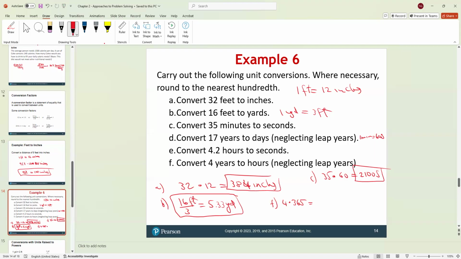If you have 4 years times 365, suppose we got it correctly, we have 1,460 days. Now, how many hours are in one day? 24. So if you multiply this by 24 hours, you know it for the 4 years.